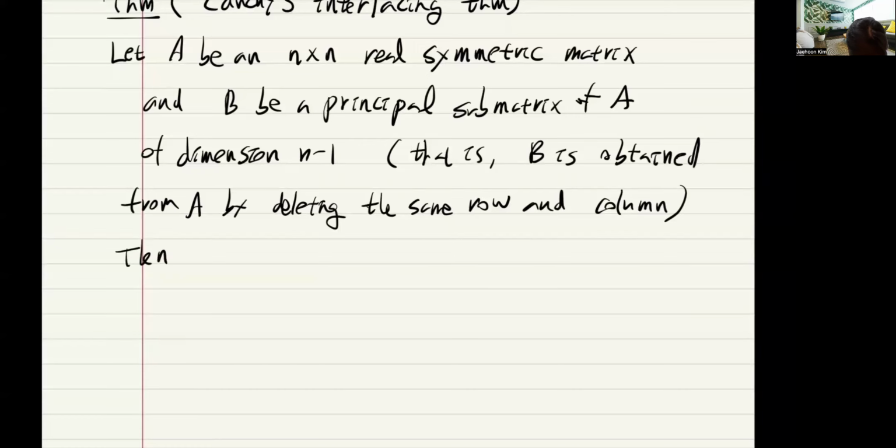Then what? We have the following inequality.